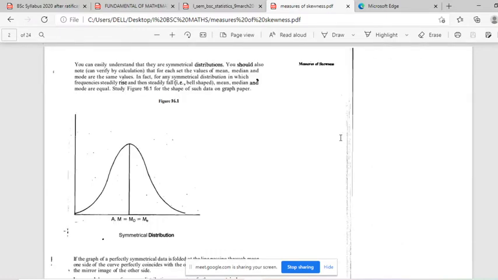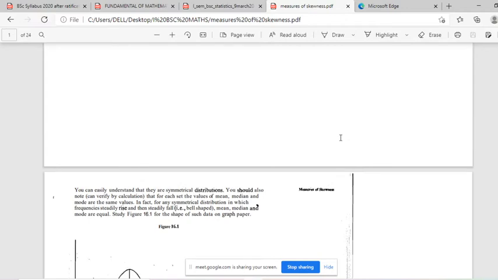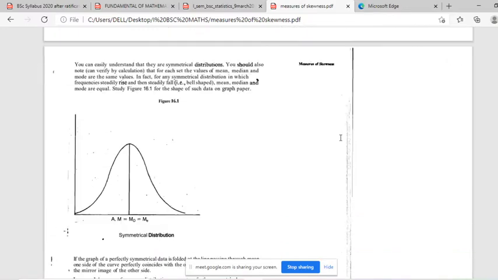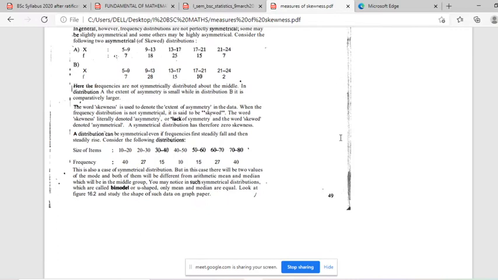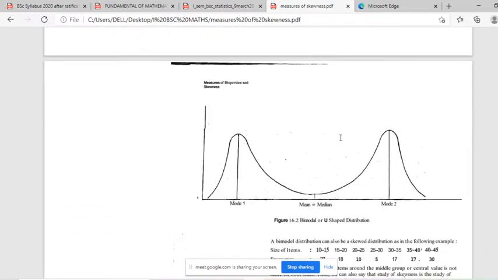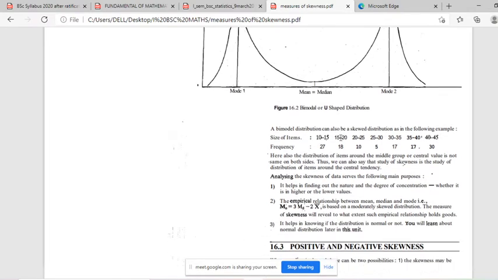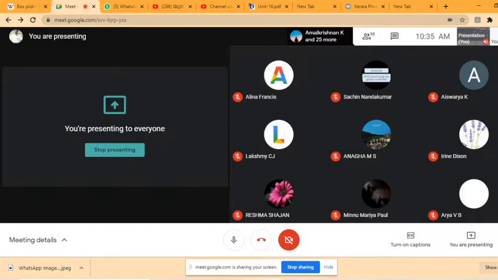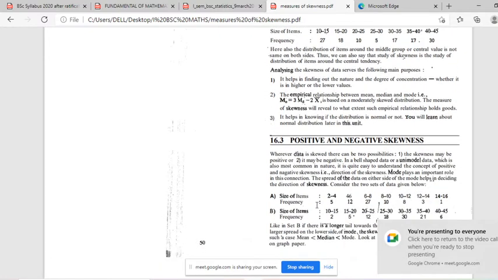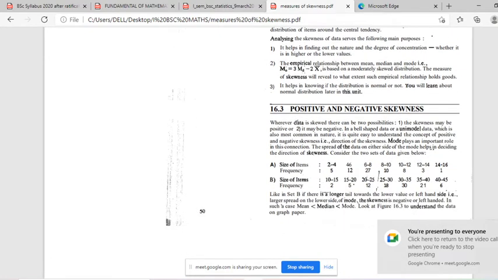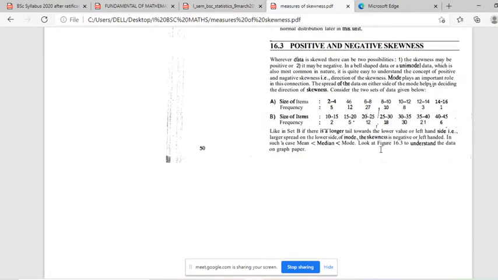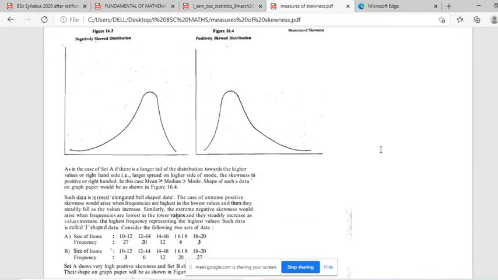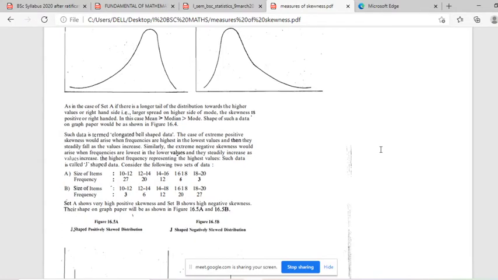So, in the last class we discussed skewness, kurtosis, measures based on moments and its problems. This is the shape of the positively skewed and negatively skewed distribution.